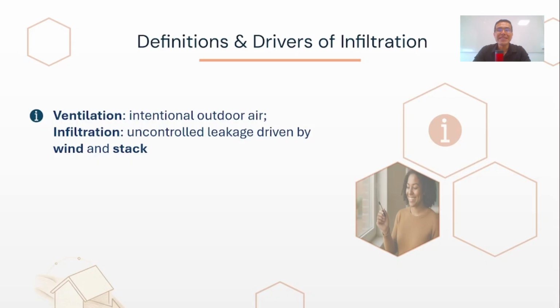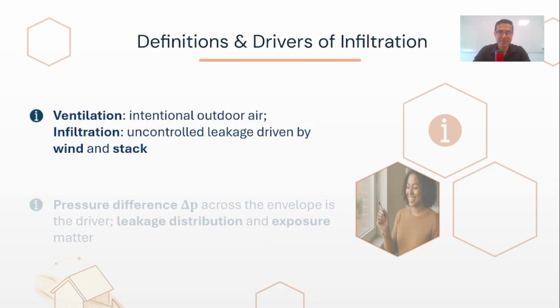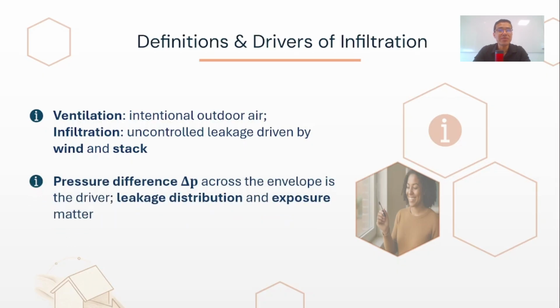The core physics here is the pressure difference and how that pressure pushes or pulls air across the building envelope. The magnitude of that pressure difference depends on a few things, like how windy it is and how tall the building is. The distribution of leaks also matters. A leaky basement has a different effect than a leaky roof.